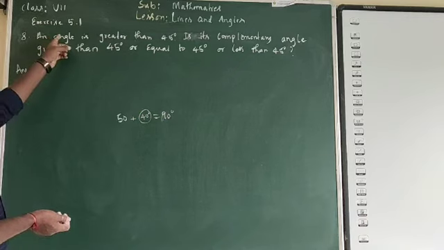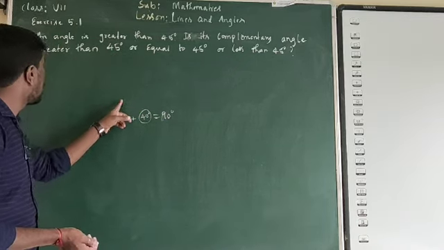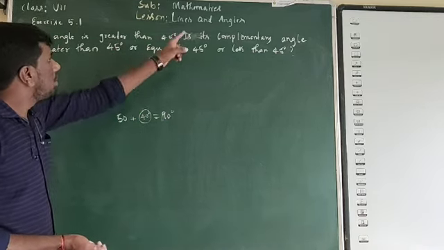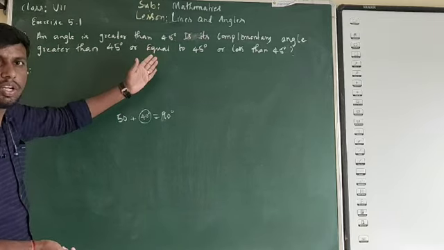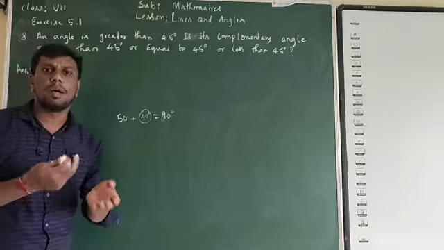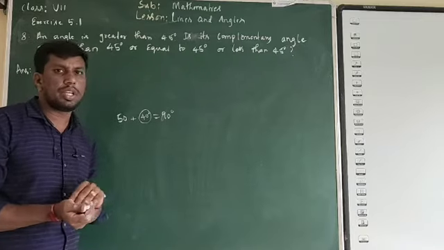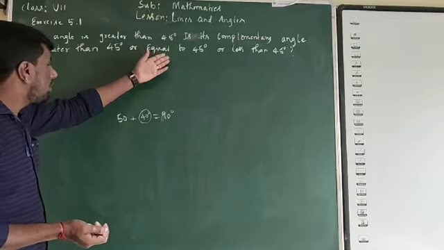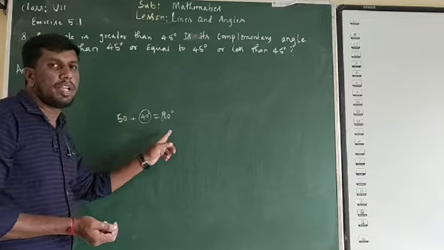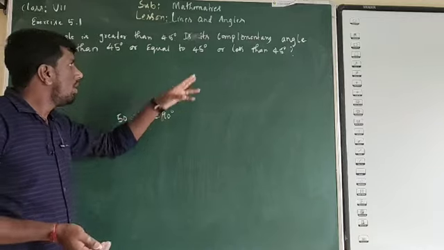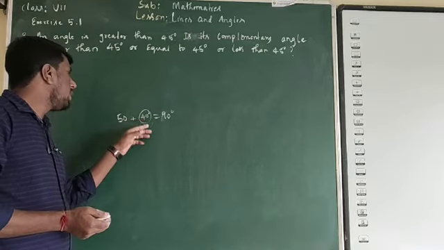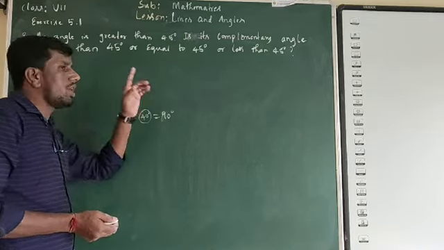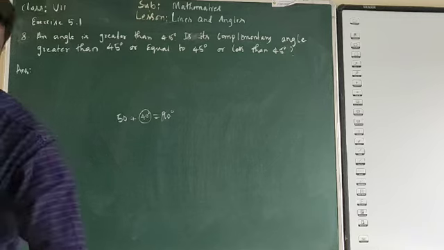So here you can observe that the first angle is greater than 45 degree. If its complement is also greater than 45 degree, no. 50 plus 50 will become 100, which is not equal to 90. Equal to 45 degree, no. 50 plus 45 is 95, again this exceeds. So it must be less than 45 degree. Assume 40, which is less than 45 degree. Then only I am getting 90 degree. Correct?